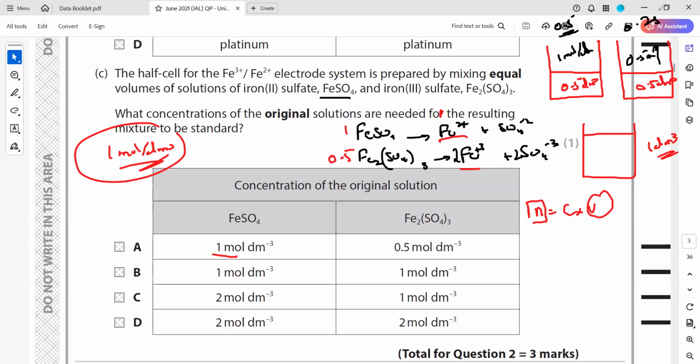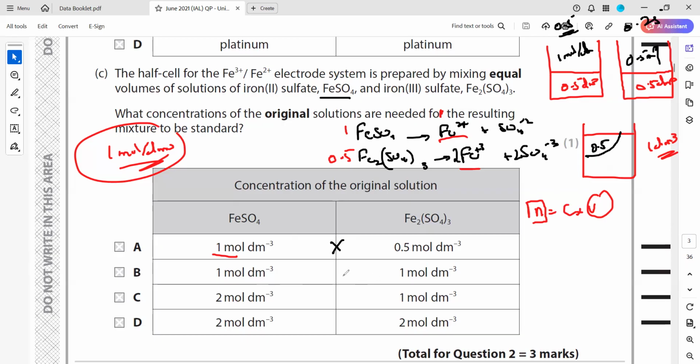But when I mix them together, the concentration of the solution will not be 1 mole per dm cube. You got it? That is why A is wrong, because I'll not get the same amount of iron 2 sulfate and iron 3 sulfate at concentration 1 mole per dm cube. So it cannot be A.